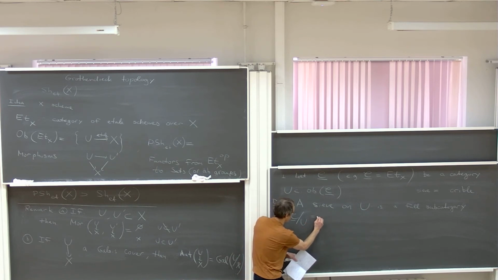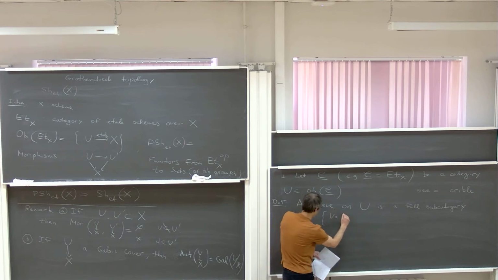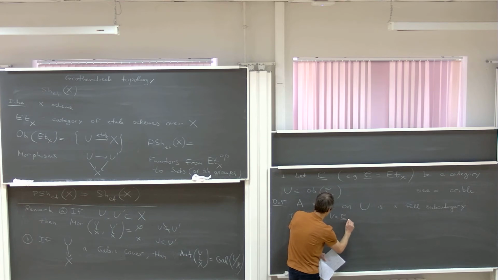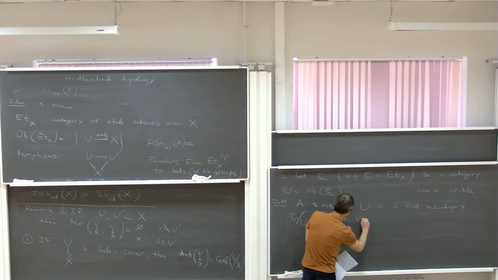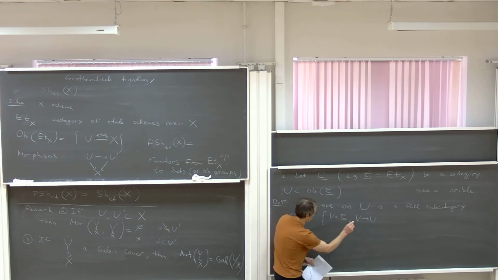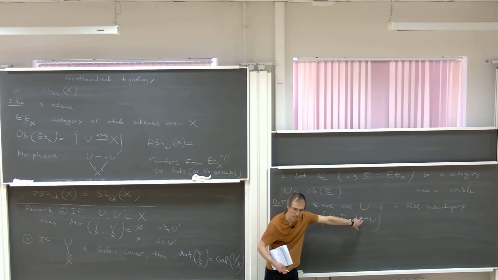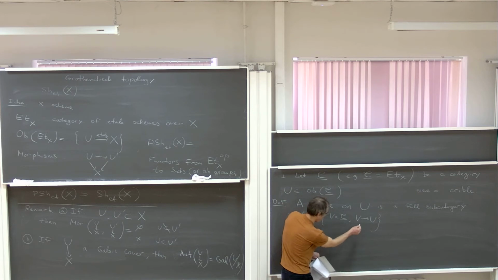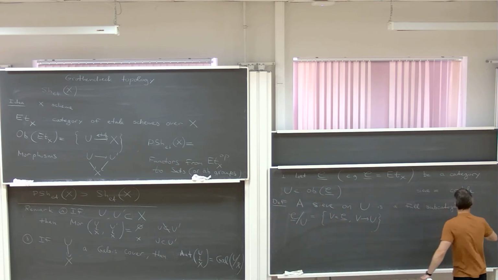By definition, it's a category whose objects are pairs V in C together with a given morphism from V to U, and morphisms are morphisms over U. So if you have V prime, then a morphism is something that makes this diagram commutative.